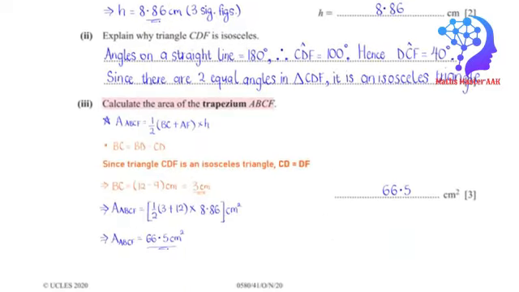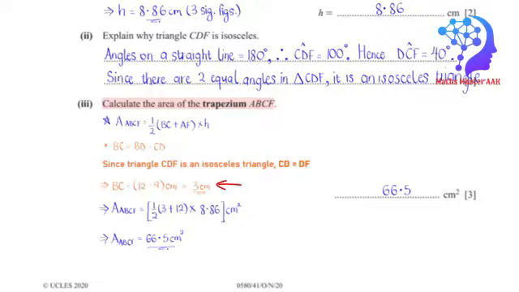Calculate the area of the trapezium ABCF. To find the area of the trapezium, we have half of BC plus AF times the height. We know the height is 8.86 centimeters, and we've also been given AF as 12 centimeters. BC is equal to BD minus CD. BD is 12 centimeters.